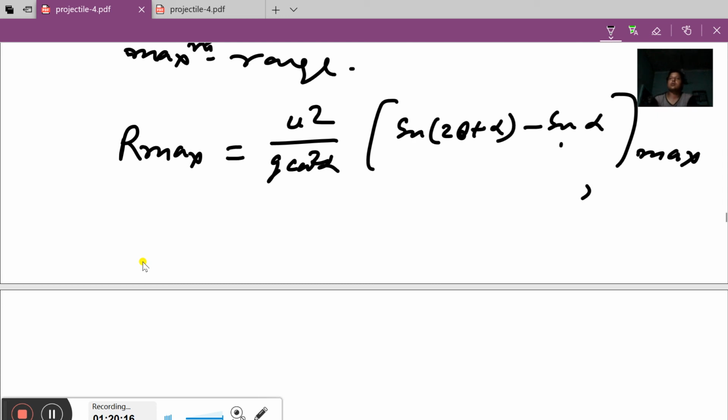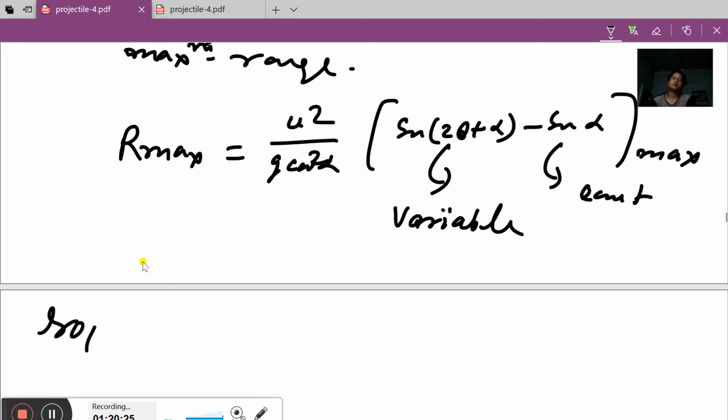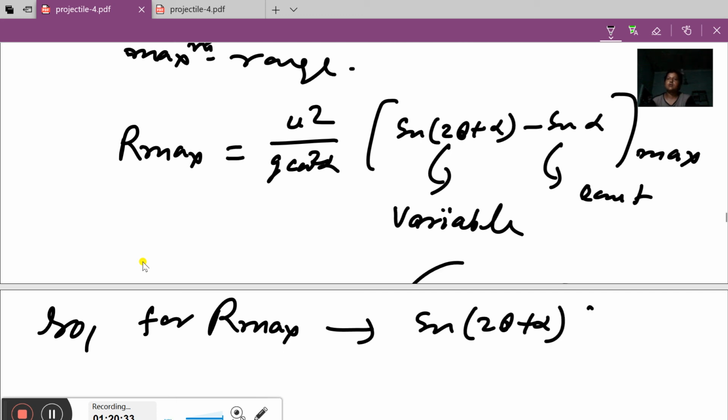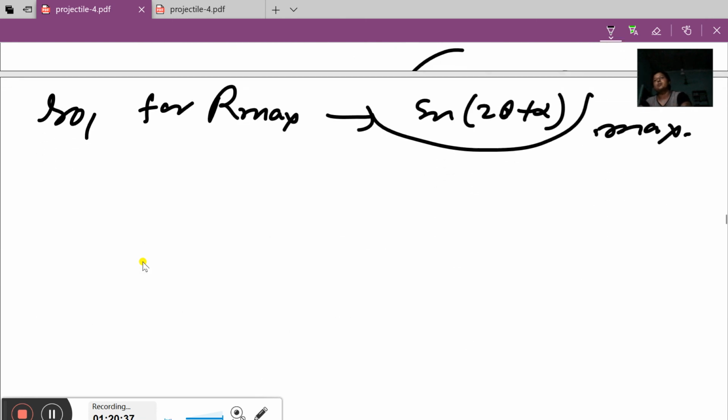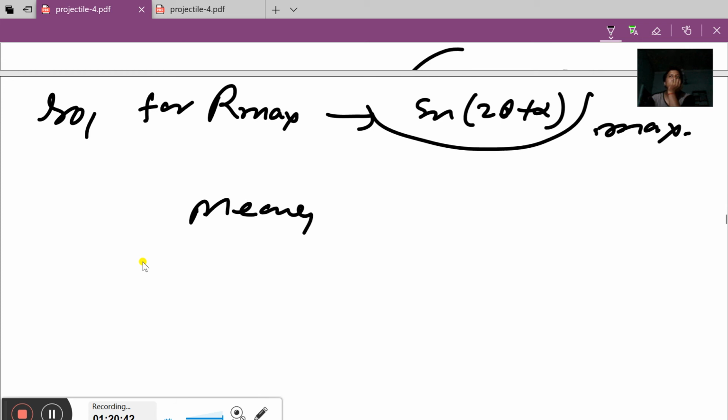This one is a constant and this one is variable. So for R maxima, sin 2 theta plus alpha must be maximum, means 2 theta plus alpha must be 90 degrees.